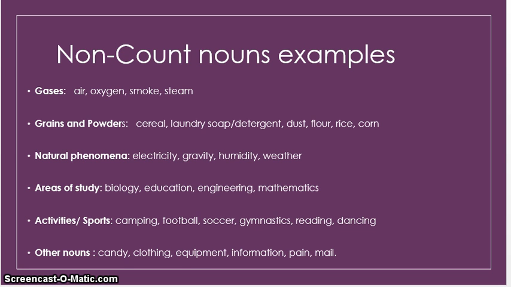Areas of study, or what you're majoring in college, like biology, education, engineering, and mathematics. Activities or sports like camping, football, soccer, gymnastics, reading, and dancing. And there are other noun words like candy, clothing, equipment, information, pain, and mail.